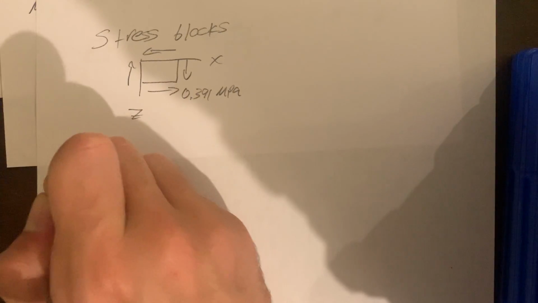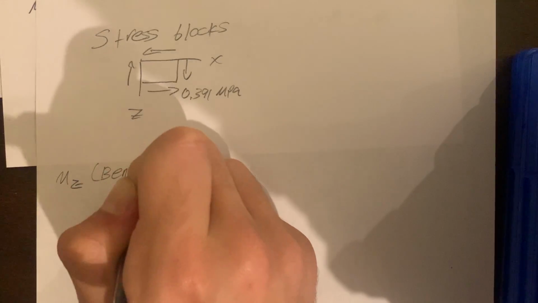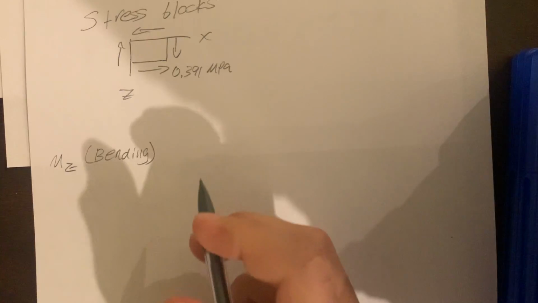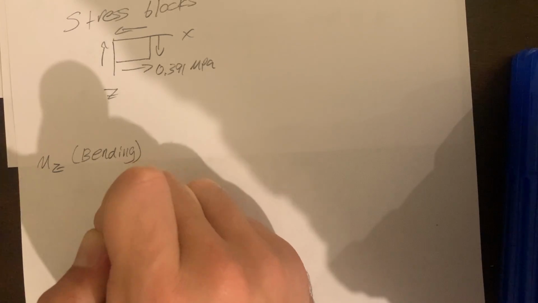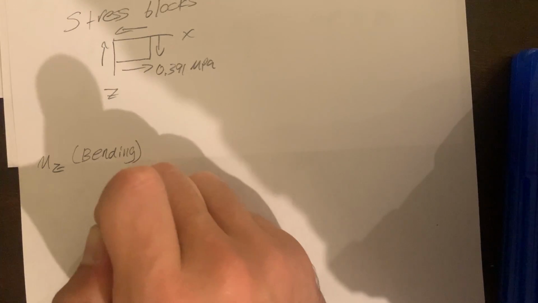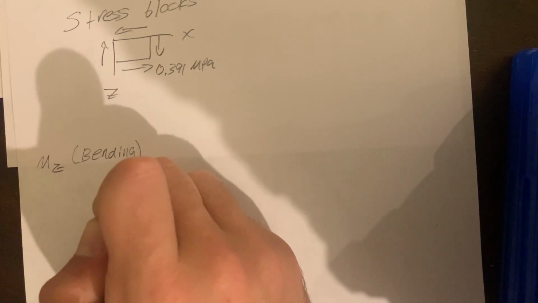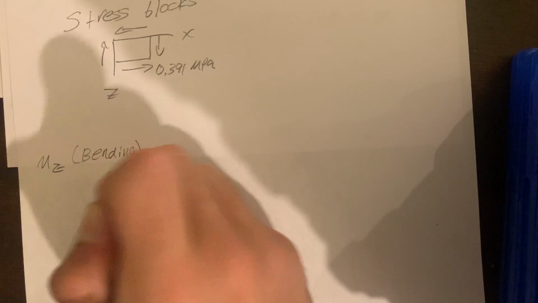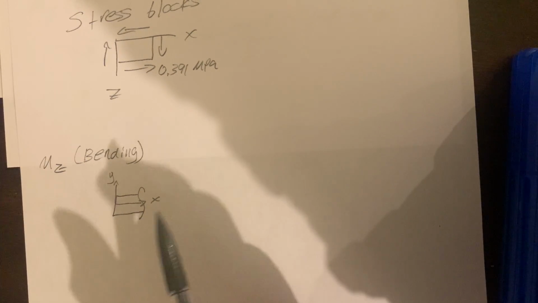Now the moment at z is going to be bending as well. Again, let's draw this with respect to the x z plane, y plane, sorry, because the bending's happening on the z.